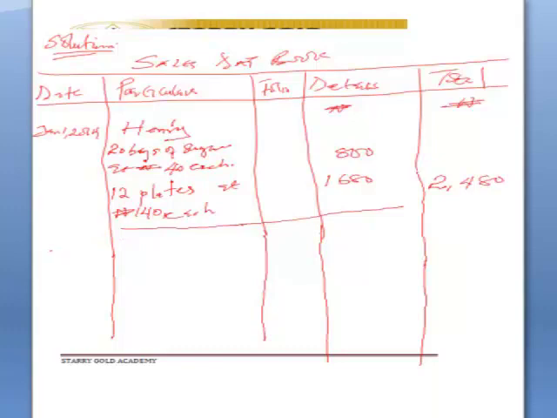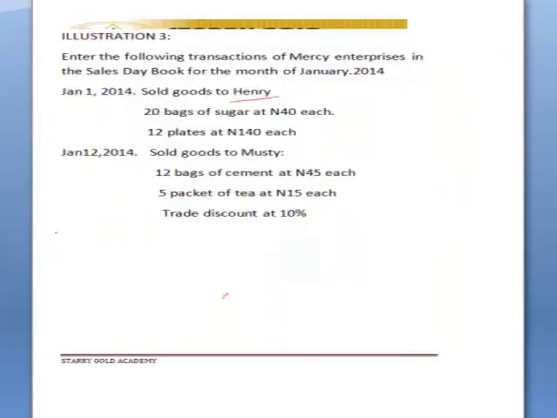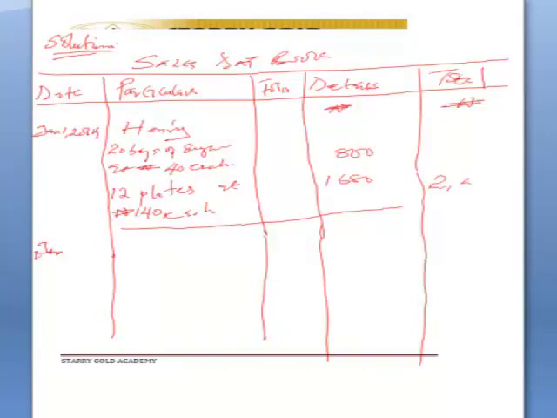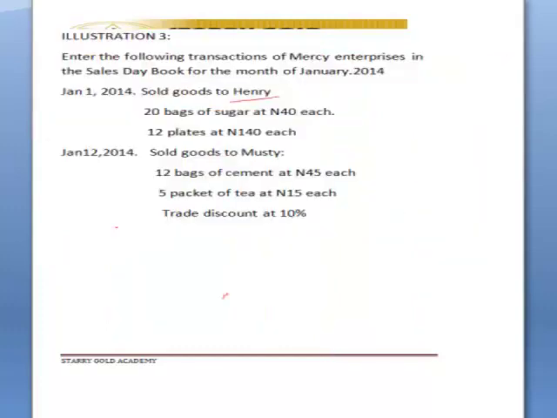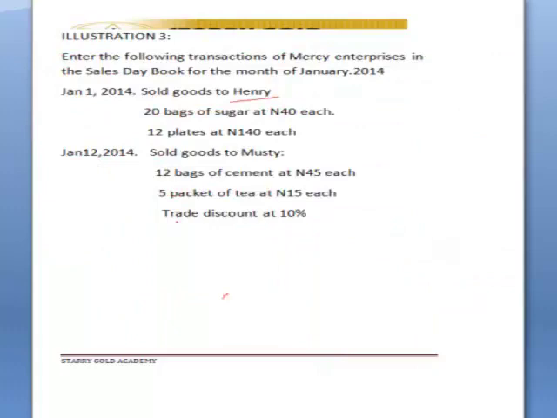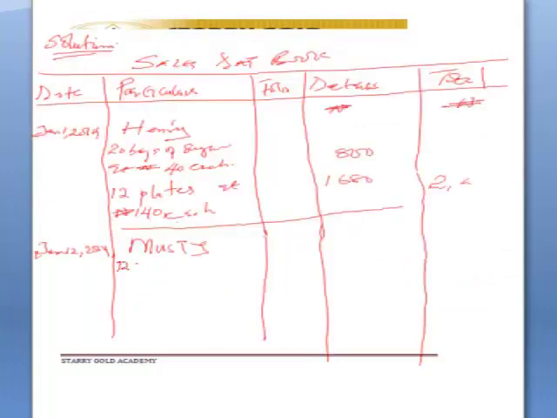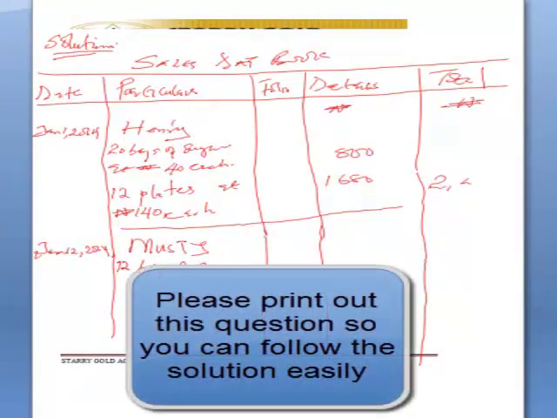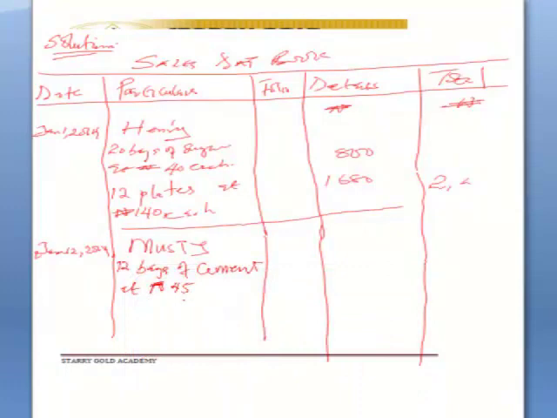So we now have January. The next date is January 12th, 2014, and we have Musti as the customer. 12 bags of cement at 45 naira each, and that will give us 12 times 45, that is 540.